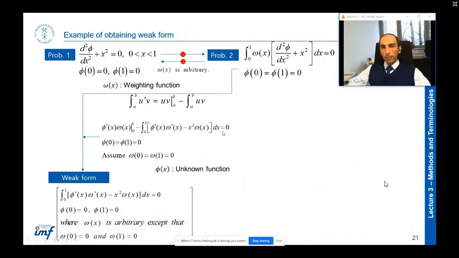This simple example can help you to understand, and I recommend you try to obtain it. Maybe you can find some other examples on the internet to understand how you can obtain the weak form of a simple equation. Of course, as a user, you never go to the mathematical side, but it's good to know what's going on inside.